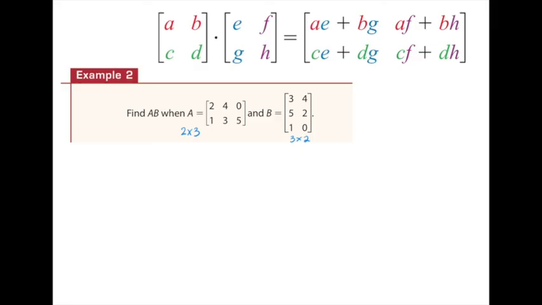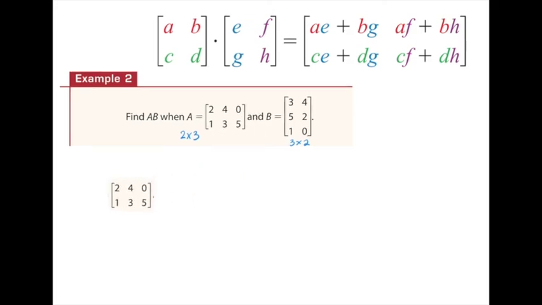So let's multiply them. I'm going to start with my first row and my first column, and I am going to create an answer here. I leave it kind of big because I write it out for the first part. So I'm going to say 2 times 3 plus 4 times 5 plus 0 times 1.